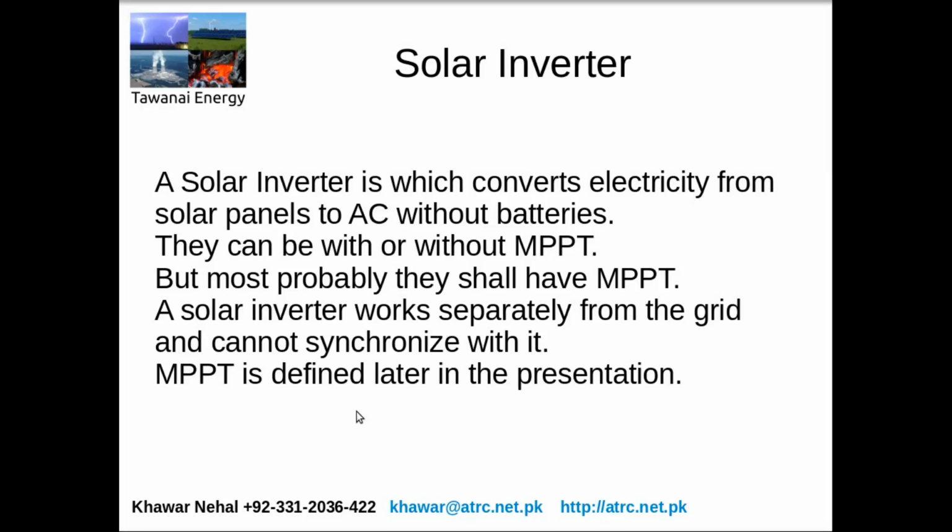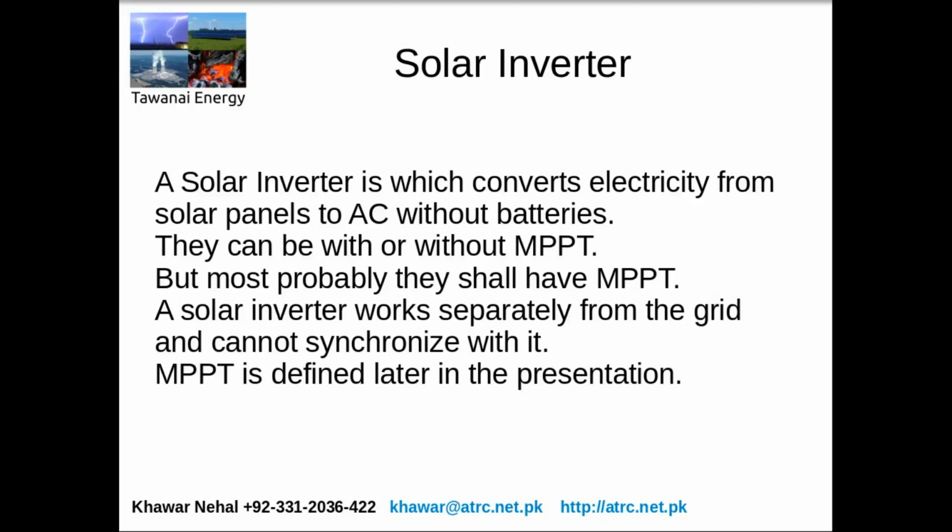A solar inverter is something that actually converts the solar DC power. The solar panels provide DC, which is direct current, and a solar inverter converts the varying amounts of DC into AC, and it does not charge batteries.